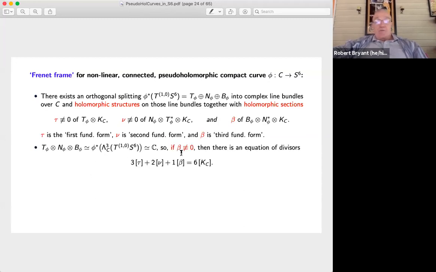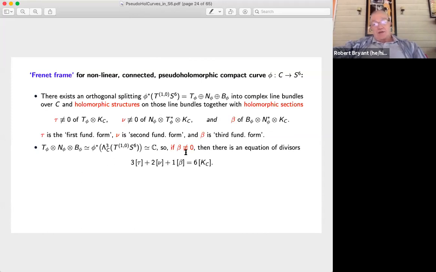So in particular, tau and nu are not 0 as long as the curve is nonlinear and not constant. By nonlinear, I mean it doesn't lie in a geodesic 2-sphere. So if beta is not 0, take tau cubed times nu squared times beta and multiply that all out; it's a section of these bundles tensor the 6th power of the canonical bundle.